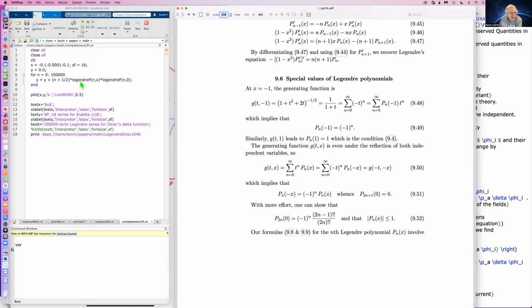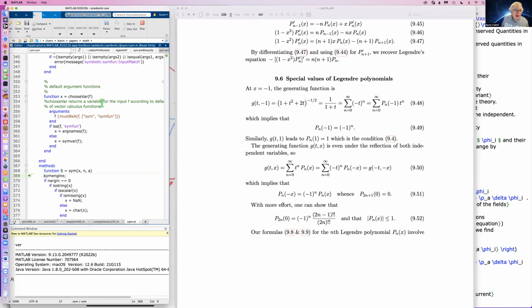And notice here, this is very wasteful programming, because for each x, I'm calling the Legendre polynomial at each x and at 0 for every y, whereas I could have just called them once up here and done it. This is very wasteful programming.